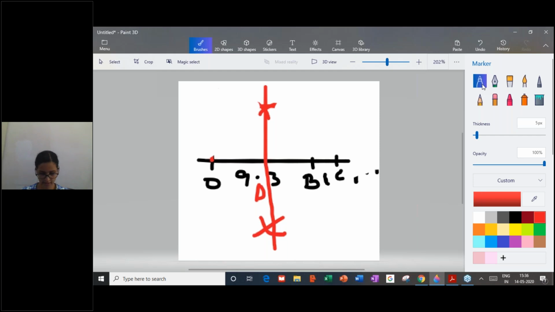Raghav, I guess you've forgotten the method a bit. You have to draw an arc. So the circle will be from A to B, Raghav, not beyond that. Okay, Tanisha. Again, A to B, the circle will be from A to B. Yeah, and then draw the arc.